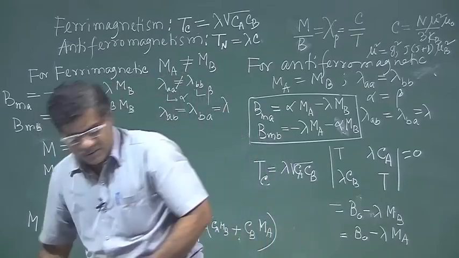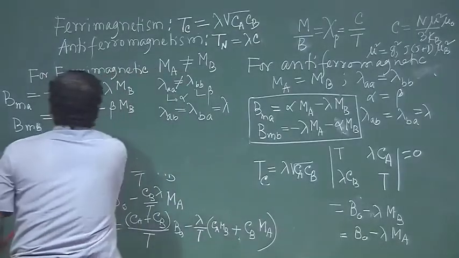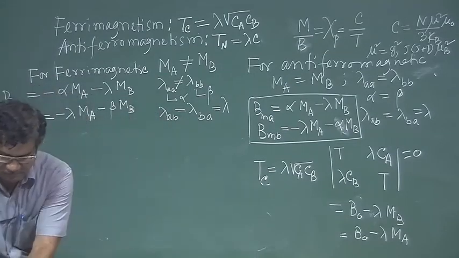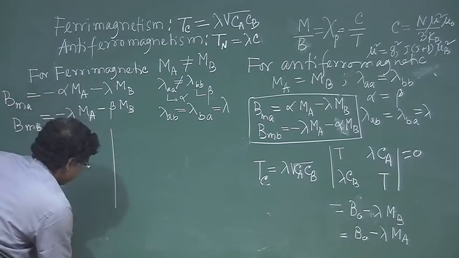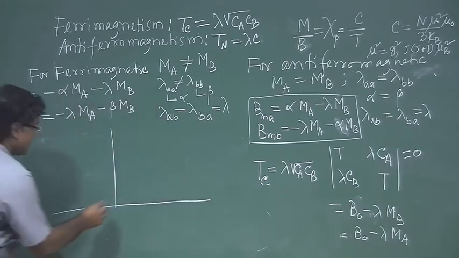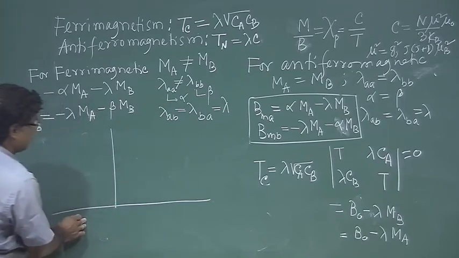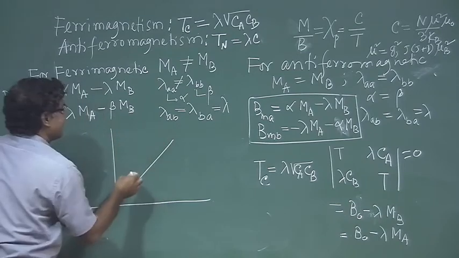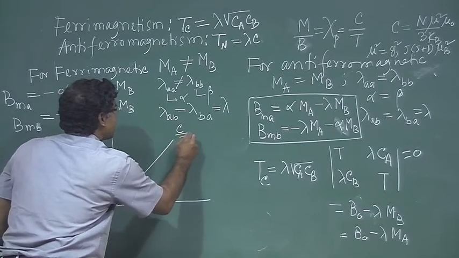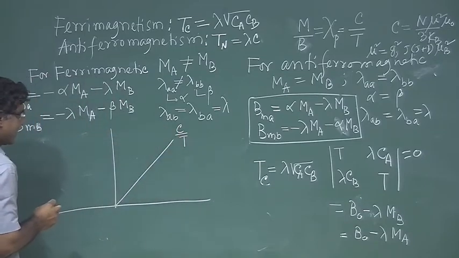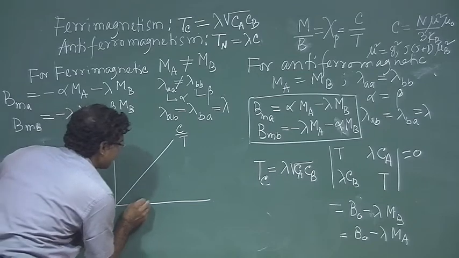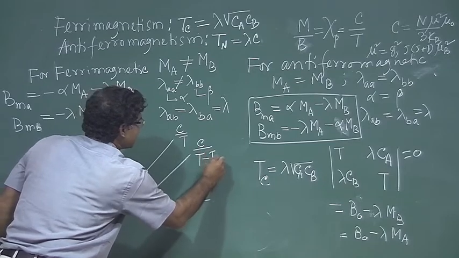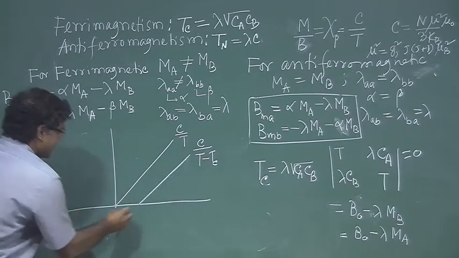So, if I plot, this is the C by T for paramagnetic, and then this is C by T minus Tc, right. So, this is Tc.